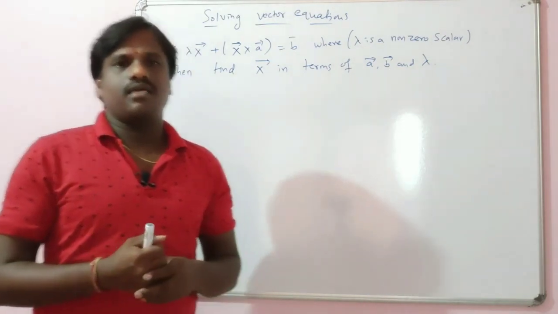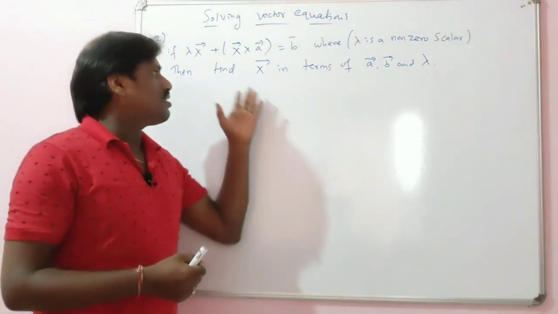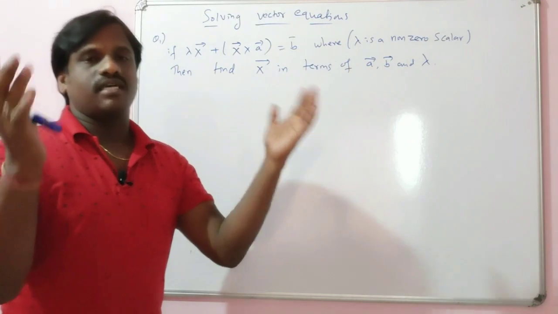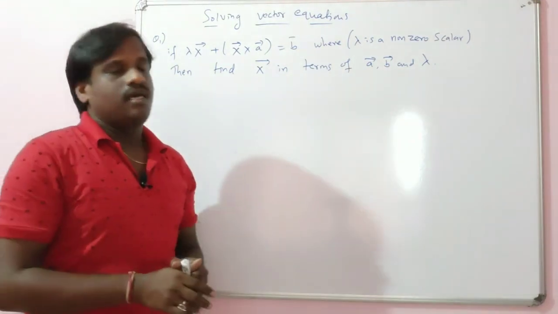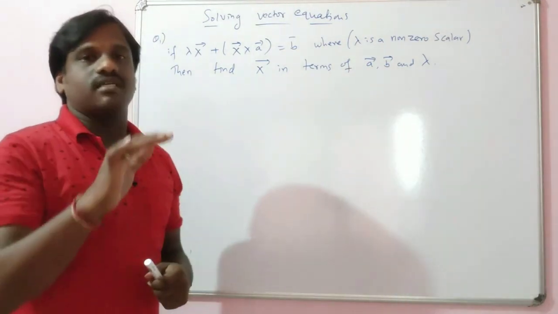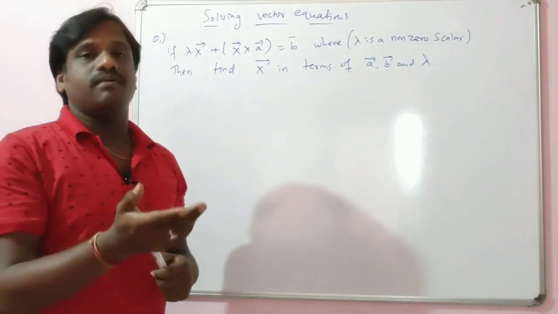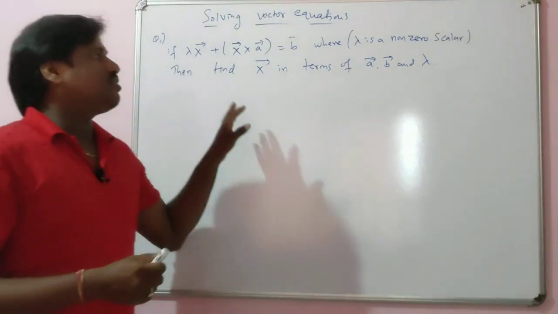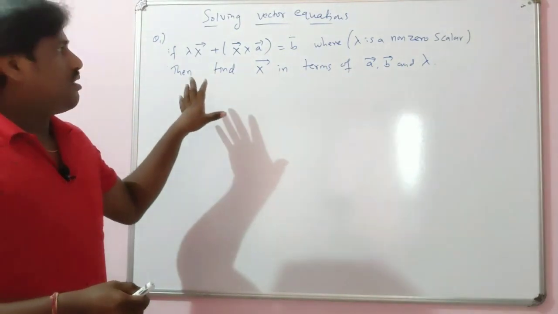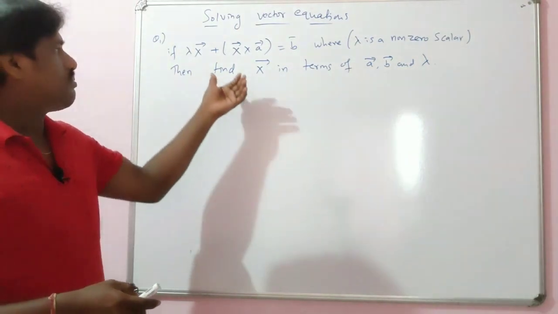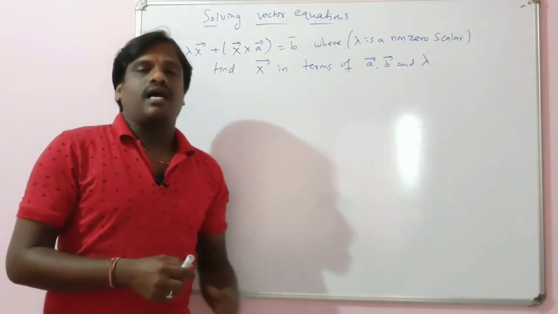We have discussed these things already. When the vectors lie in the same plane, at that time we will express one vector as some lambda times, some mu times of another vector. But it is not like that.